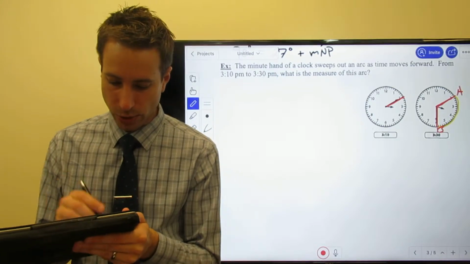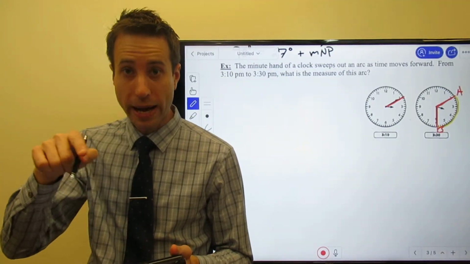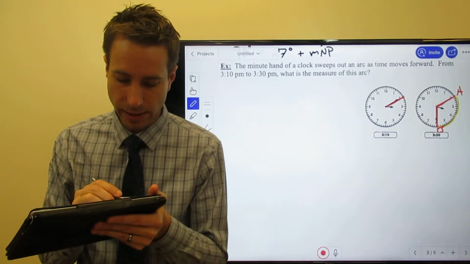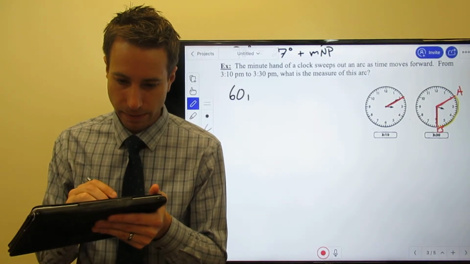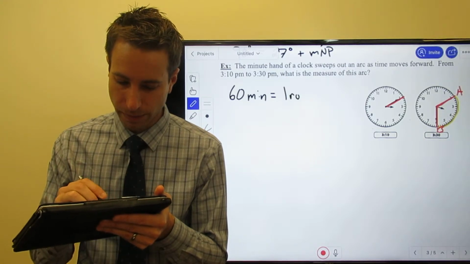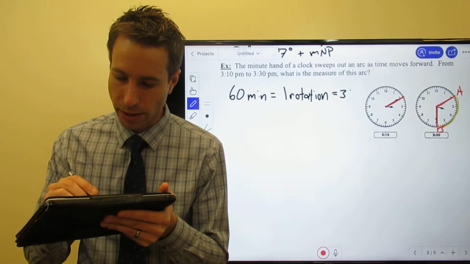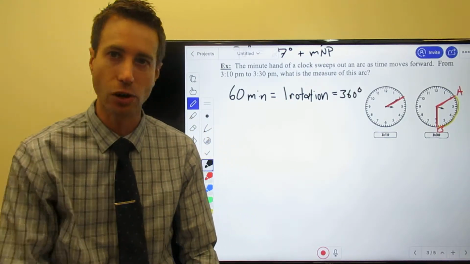Okay, here we go. Here's what you know. The minute hand, to go all the way around a clock, one full rotation, is 60 minutes. 60 minutes equals one rotation. And one rotation is 360 degrees. That's all stuff that we know.